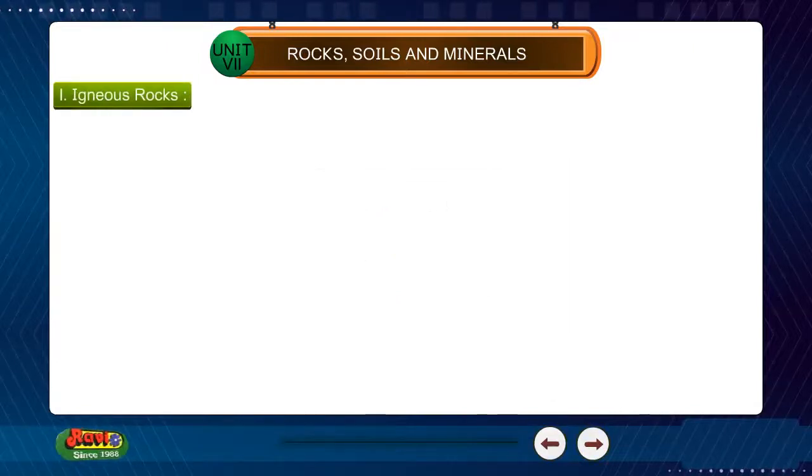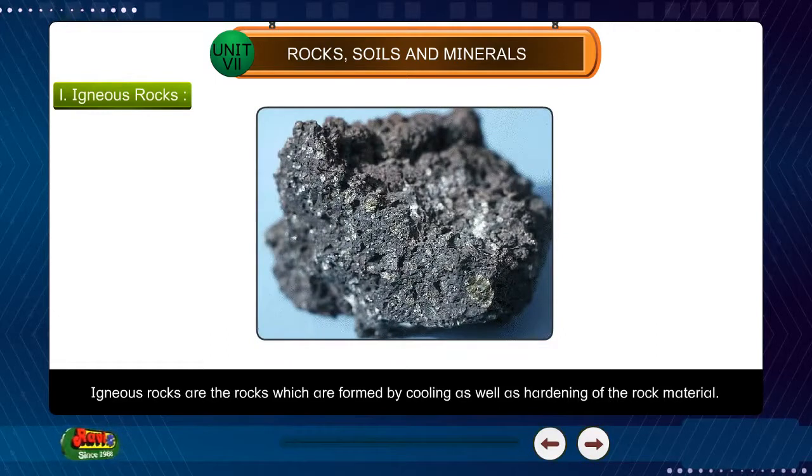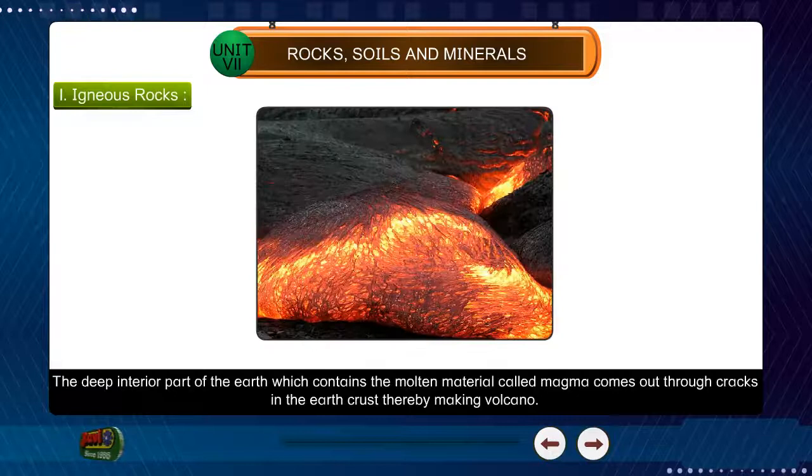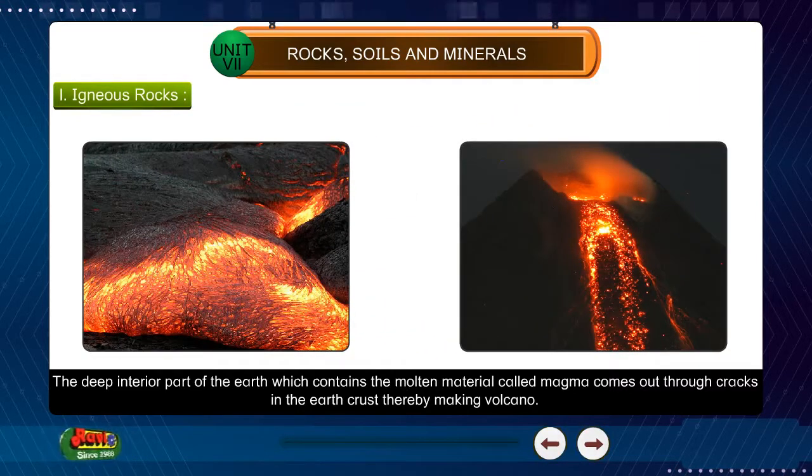1. Igneous rocks. Igneous rocks are the rocks which are formed by cooling as well as hardening of the rock material. The deep interior part of the earth, which contains the molten material called magma, comes out through cracks in the earth crust, thereby making a volcano.